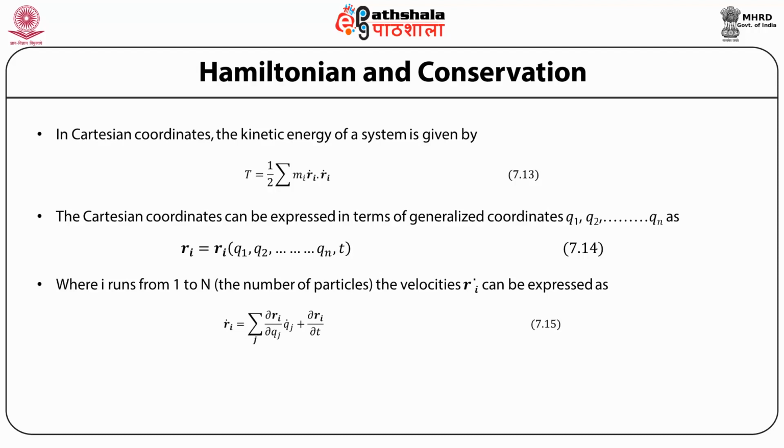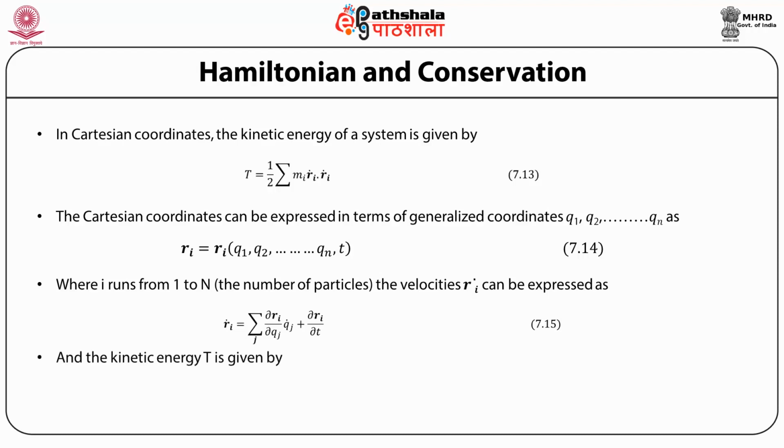See, it's easy to see because r_i is a function of the generalized coordinates and time t. Therefore, its total derivative with respect to time can be obtained by the usual chain rule, and r_i dot can be written as the partial derivative of r_i with respect to q_j multiplied by q_j dot plus the partial derivative of r_i with respect to t, summed over all j's.